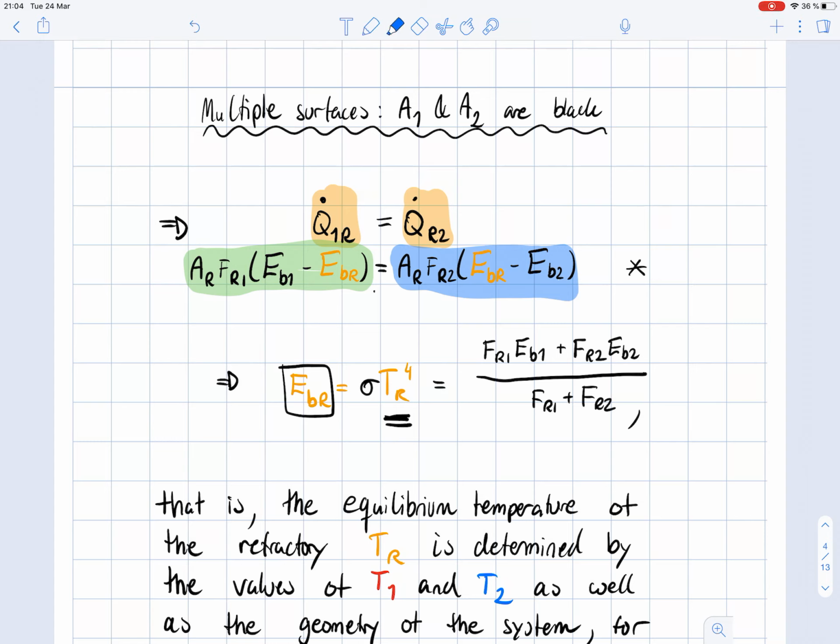So it depends upon the view factors and the temperatures of the surfaces from which it is receiving radiation and to which it is emitting radiation, that is the exit of the crucible.